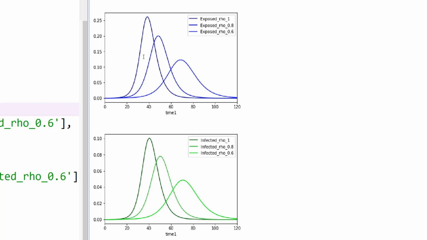The exposed and infected are all related. Please focus on this infected rate: 10% of the population versus 8% versus 4.5%. Such a big difference in who is going to get the care that they need at the healthcare facility.